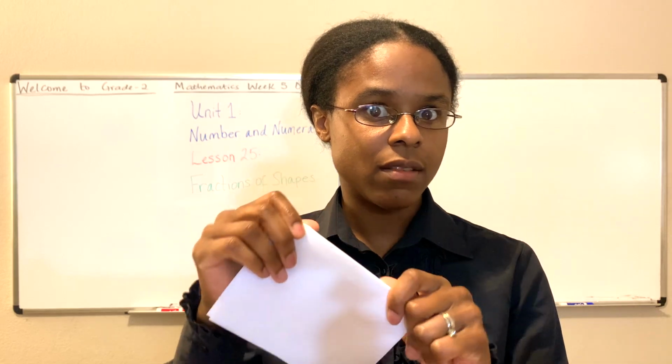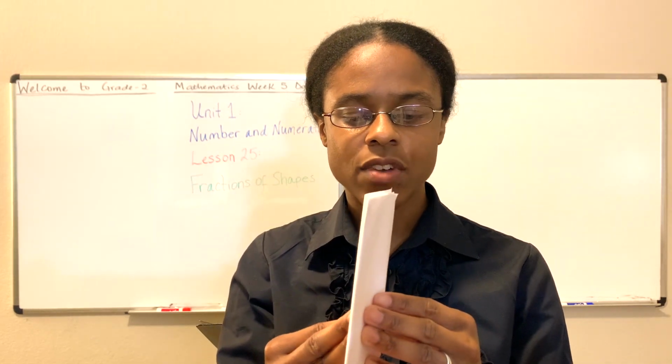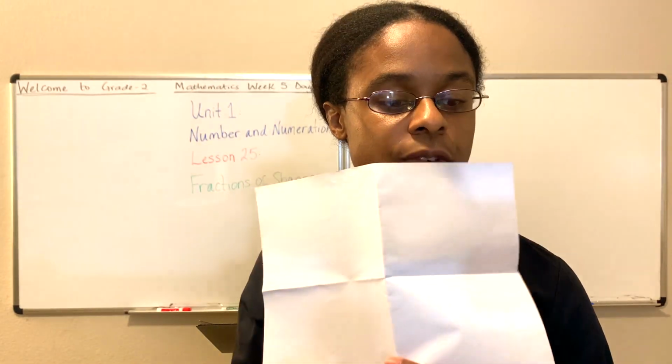What happens when I divide this half into half again? I took the half, divided it into half, and now I get what we call fourths or quarters. Each of these sections is a fourth. 1/4, 2/4, 3/4, 4/4.